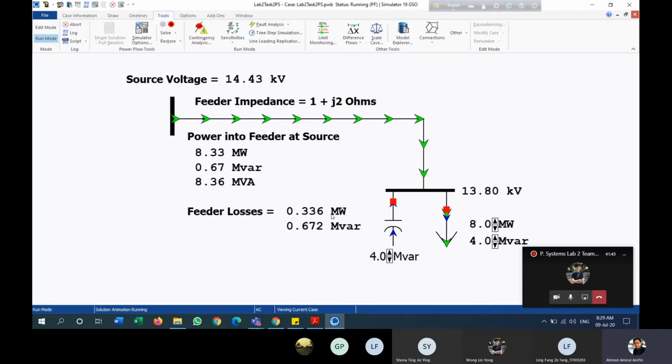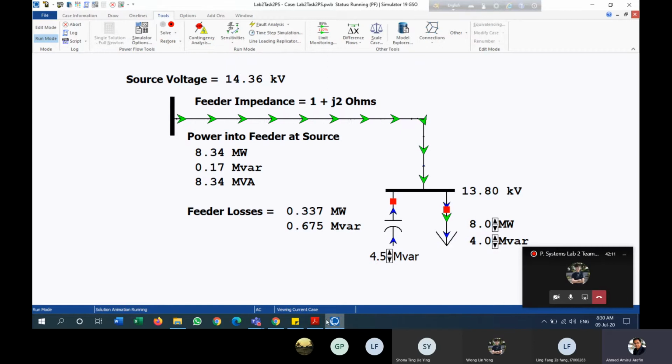What you see from here is that once you change the value of the capacitor in the positive direction, your source voltage is decreasing, your real power and reactive power are decreasing from sending end to receiving end, but the losses are increasing.